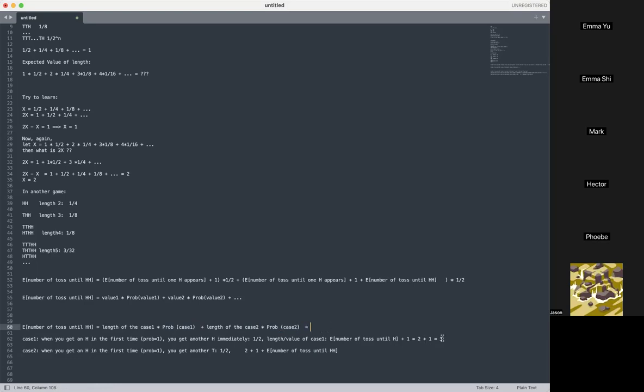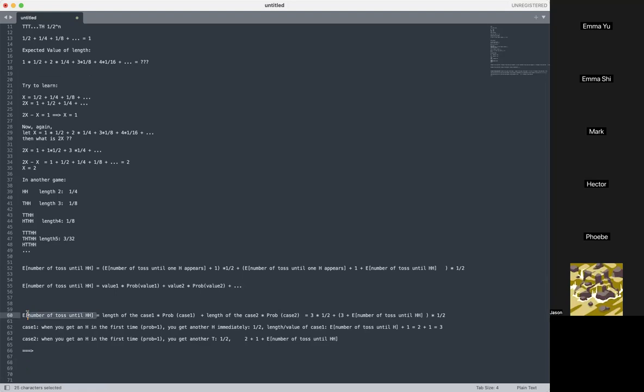So for case one, we only need to throw an average of 3 times, and the probability is 1/2. And for case two, we need to throw 3 plus e, like our original problem, also times 1/2, right?